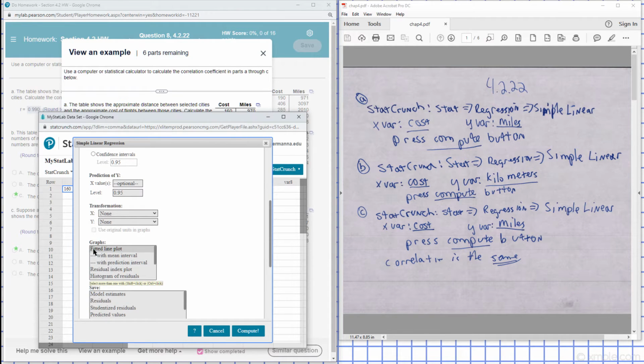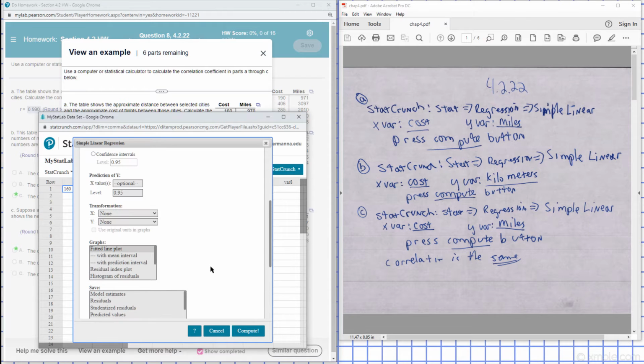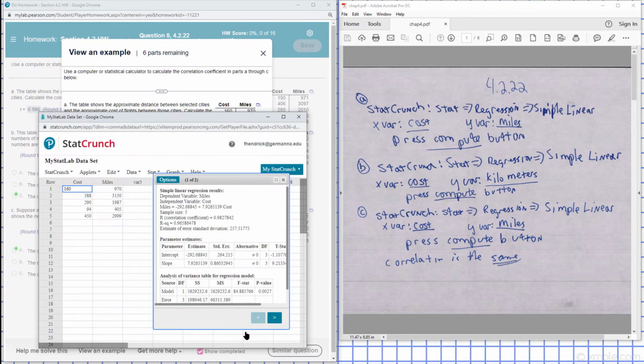Now we have the option here to select the fitted line. I'll go ahead and put it in here and see what happens. Then we can press the compute button. And we have here the information: the dependent variable, the miles, the independent variable, the cost, and they give us the linear equation there.